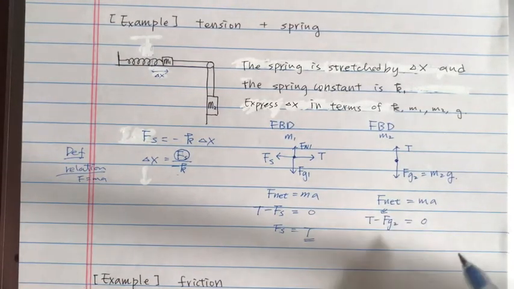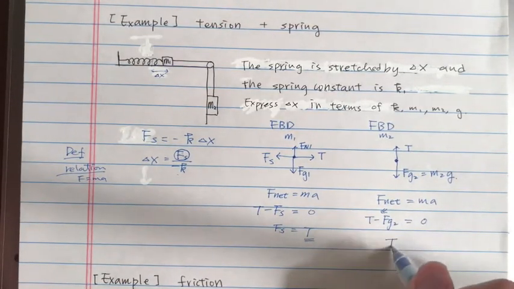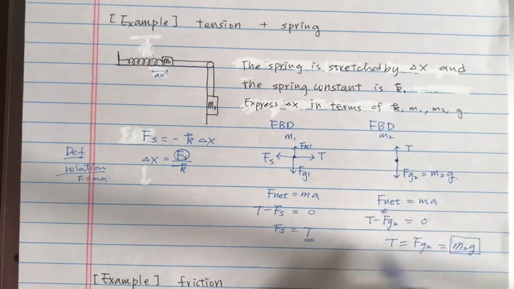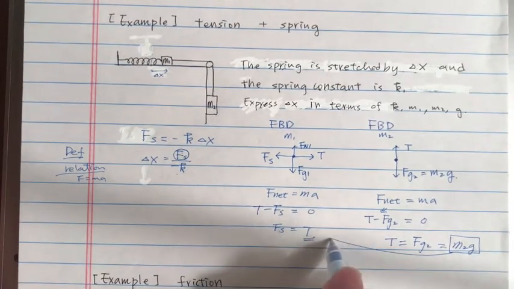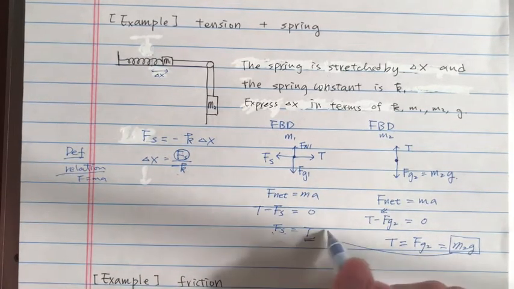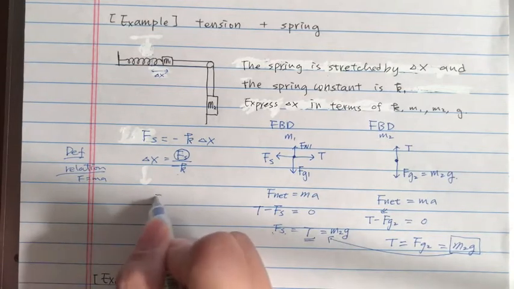So now here we get T equals Fg2, and Fg2 is nothing but m2g. So now we can plug this back to find out this guy. Spring force is tension. Tension is m2g. So spring force is m2g.